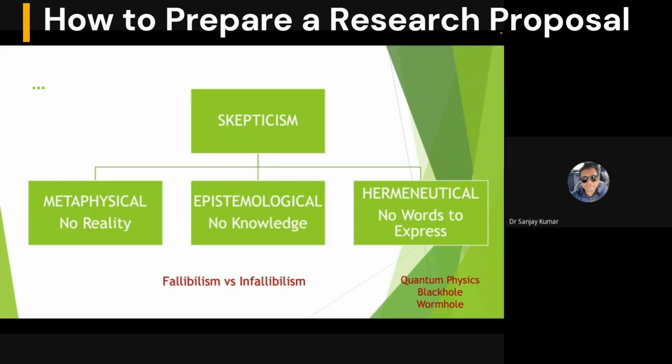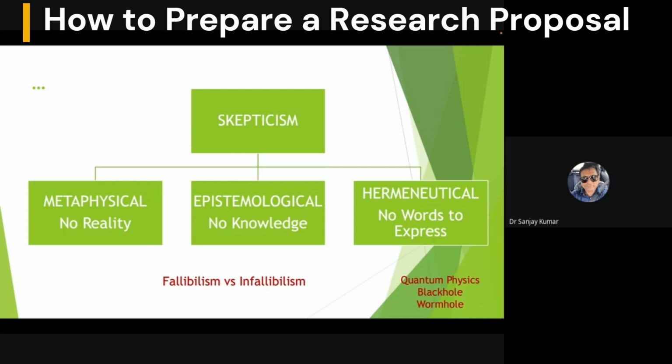And with this, there is a very recent debate in epistemology about knowledge: fallibilism and infallibilism. Whatever knowledge or finding or claim you are trying to put forward in your research work, do you agree that it is fallible?